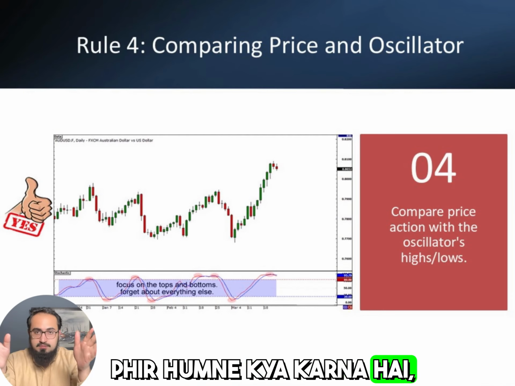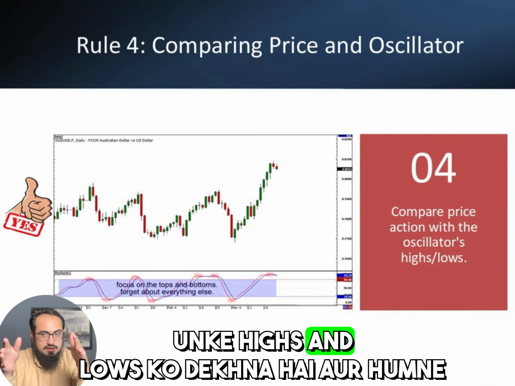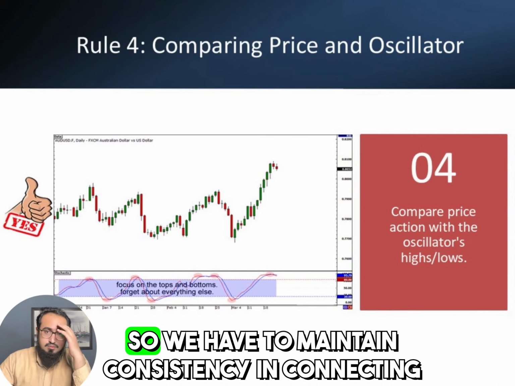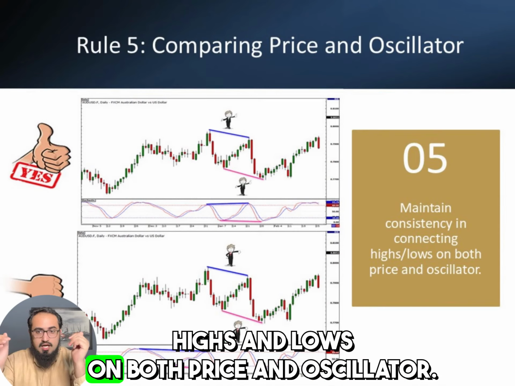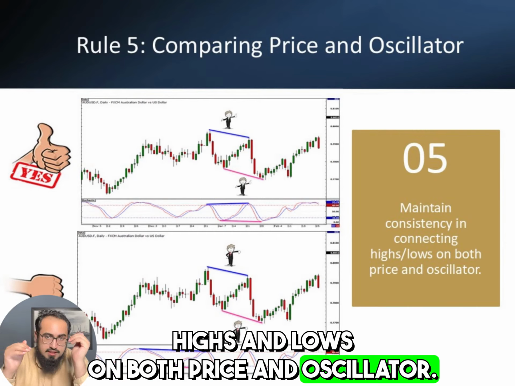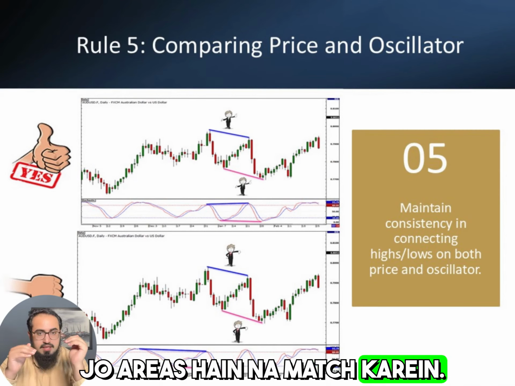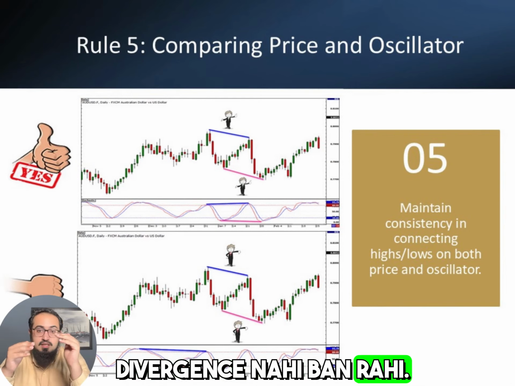Then what do we have to do? We have to compare the price, keep an eye on both the oscillator and the price. We have to observe their highs and lows and try to be exact. So we have to maintain consistency in connecting highs and lows on both price and the indicator, and their areas should match. Where they are not matching, that is basically not forming a divergence.